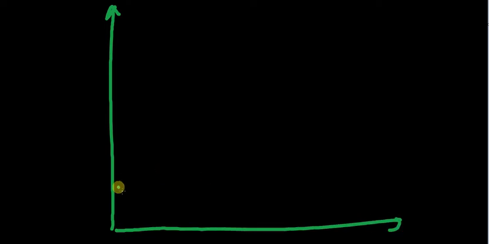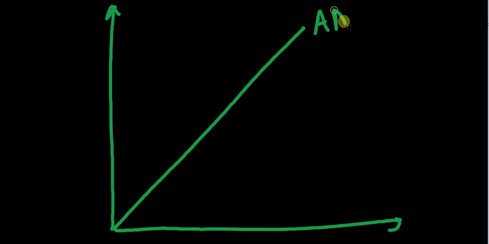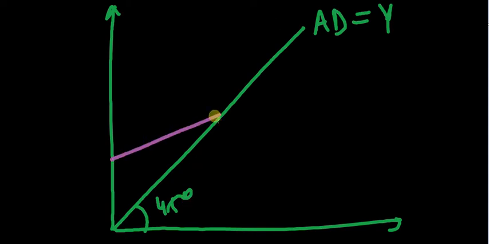Suppose this is the AD equals Y curve. Because the two things are equal, this has to be a 45-degree line. And this is my AD curve. We'll explain very soon how this AD curve actually comes out. But suppose this is my AD curve.